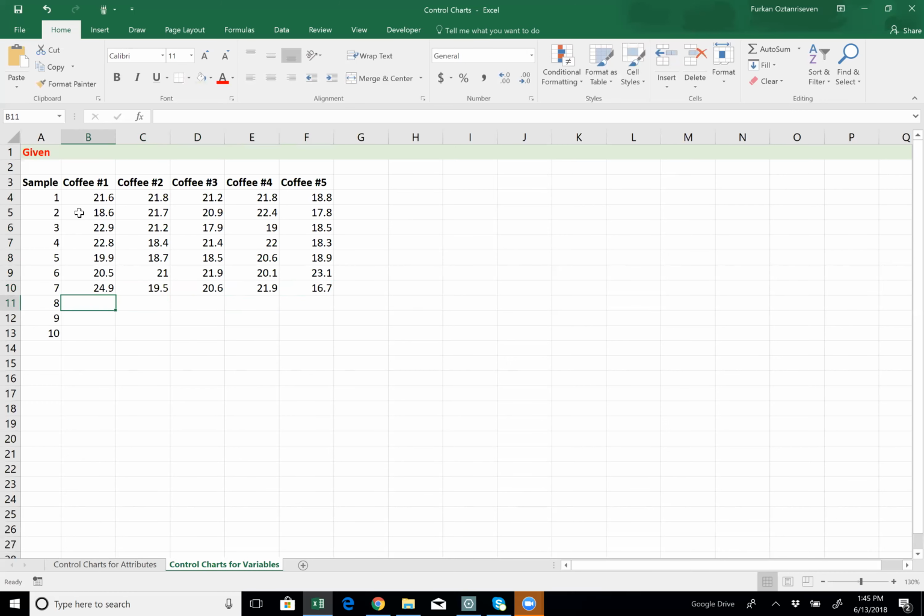Eighth sample: 20.9, 19.5, 18.3, 19.8, and 21.6. Ninth sample: 20.5, 16.8.